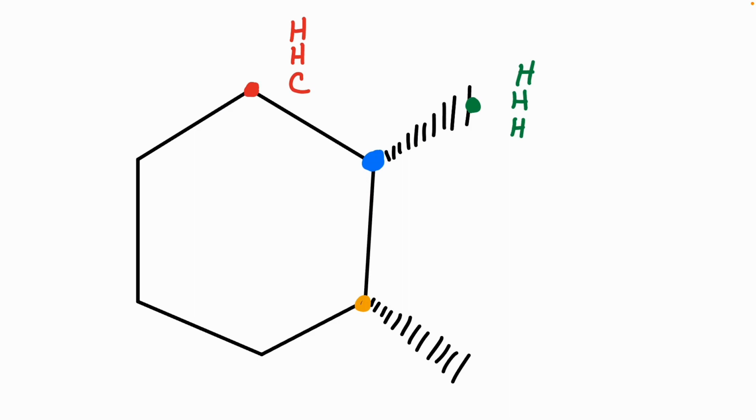And the one that I have here in orange is bound to 1 hydrogen and 2 other carbons. All right, so which one's going to be my highest priority group, red, green, or orange? Orange. Orange is priority 1. The red one's priority 2. That methyl group is priority 3. Okay, because the orange carbon is bound to 2 other carbons, whereas the red carbon is only bound to 1 other carbon.